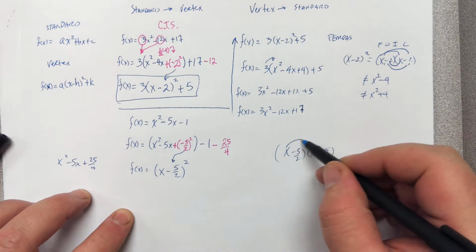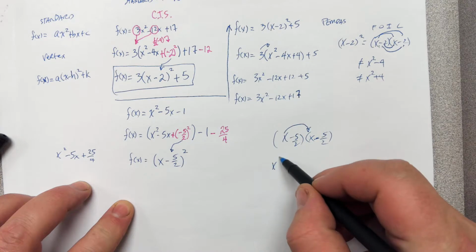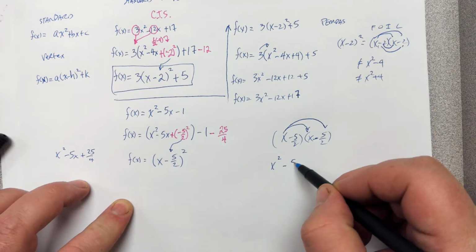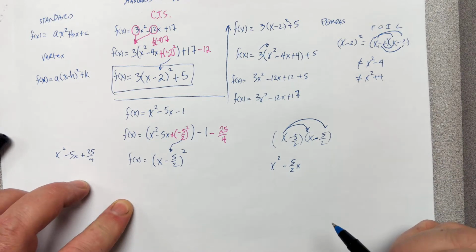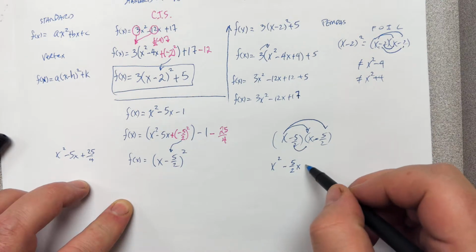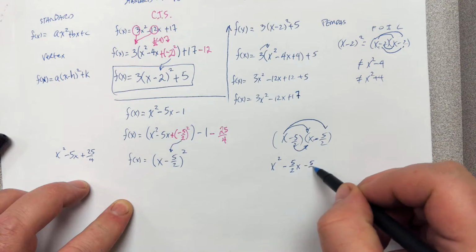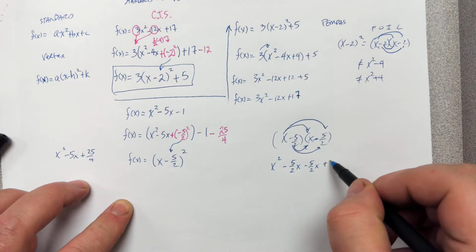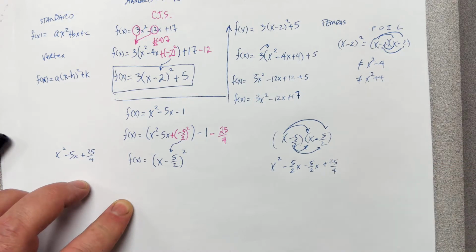x minus 5 over 2 times x minus 5 over 2. The first two multiply together to make x squared. Outside is minus 5 over 2 x. Inside, minus 5 over 2 x. The last two, negative times a negative is positive, 25 over 4.